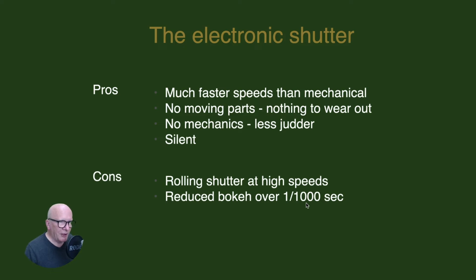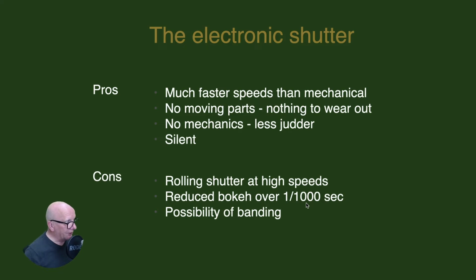So if you're looking to take a shot where you want a really good, creamy, super smooth, buttery blur in the background behind, maybe you're photographing a beautiful lady or a child and you just want a really soft background, once you go over 1,000th of a second in electronic shutter, you don't get such a smooth bokeh. Weird one. And then the possibility of banding, which is why Pauline asked the original question.